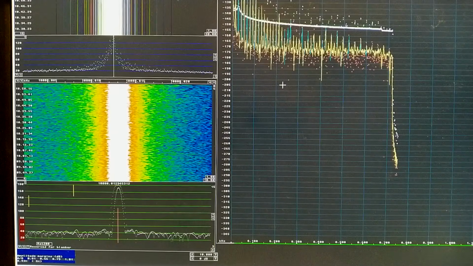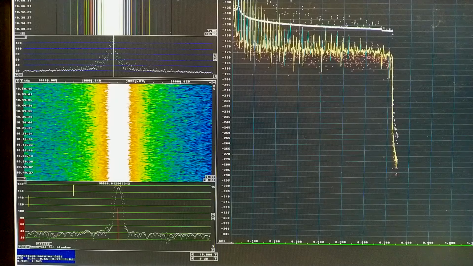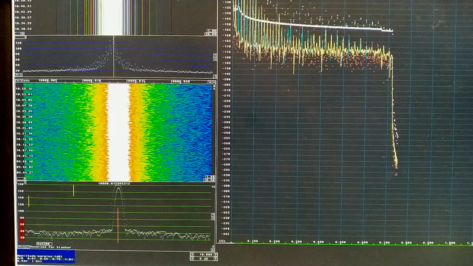If I set linear scale and compress it properly, like this, I can see the noise at 100 Hz offset. That's here. And it looks like something minus 169 or so. It's a little above minus 170, but it hasn't converged properly.